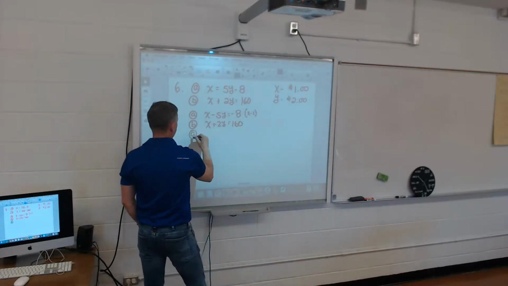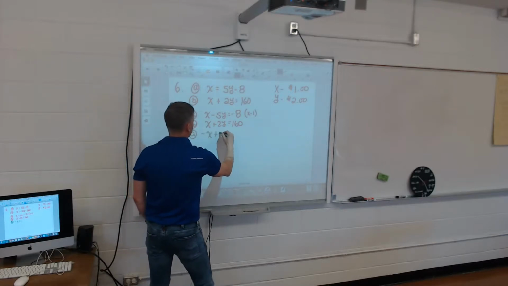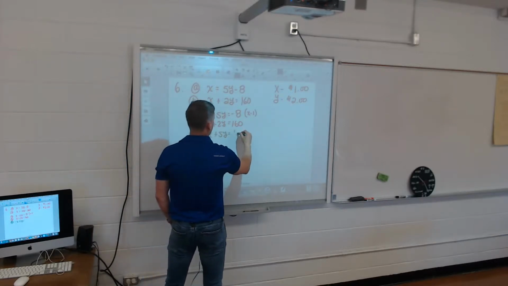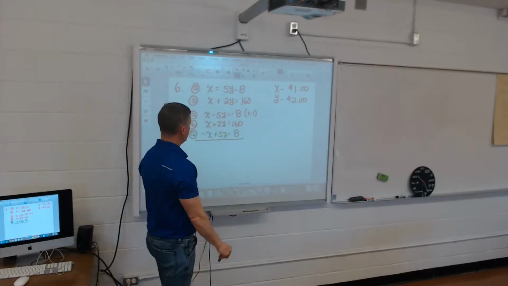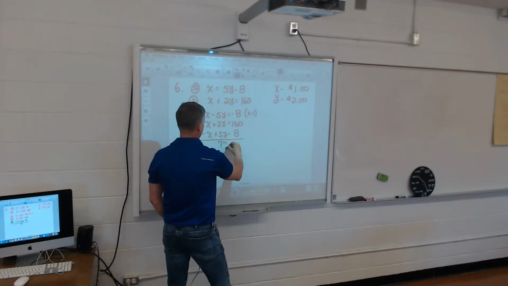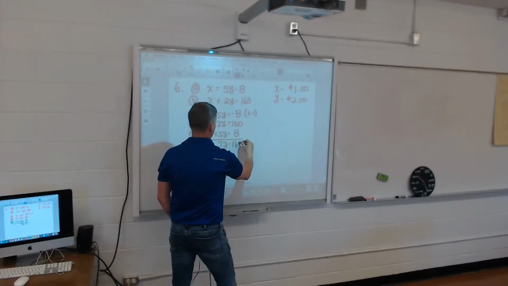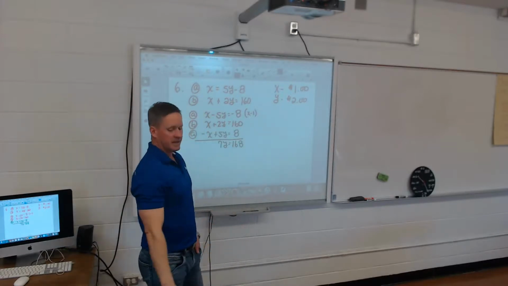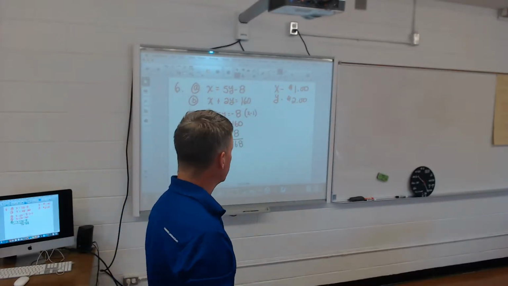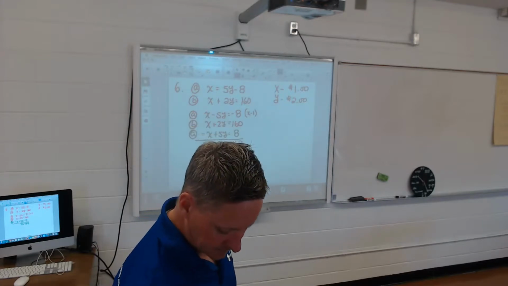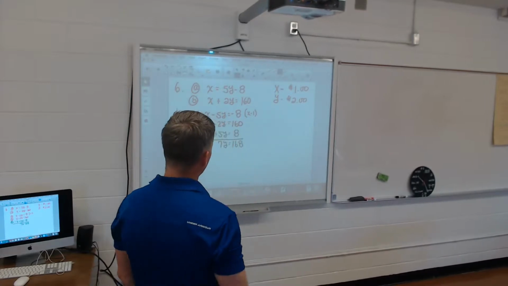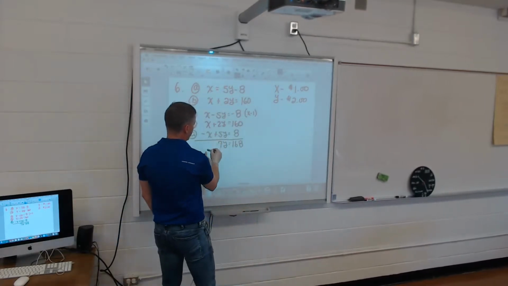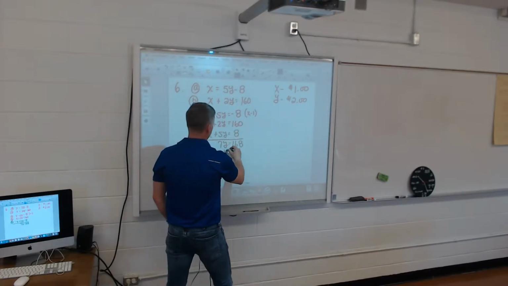That gives me -x plus 5y equals 8. Add them together. 7y equals 168. So the x's cancel. X and -x make 0. 2y and 5y make 7. 160 and 8 make 168.